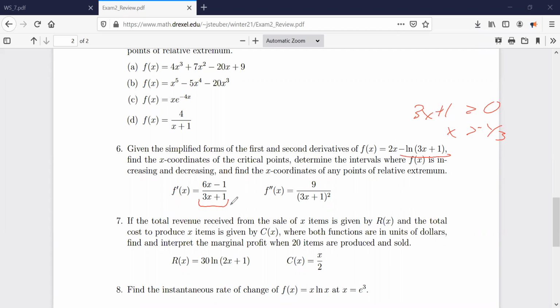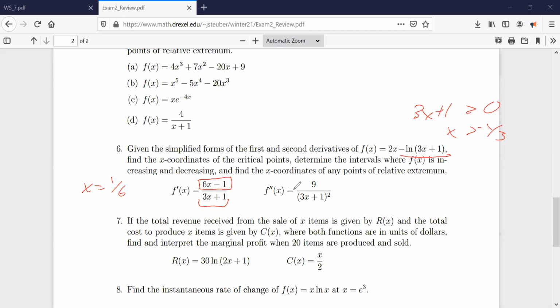The fact that the derivative is not defined at negative 1/3 is not that big of a deal, because my function isn't defined there. So the critical points are really the only thing I have to worry about, where this is equal to 0 up top. That happens when x is equal to 1/6. That is going to be the point that breaks things.